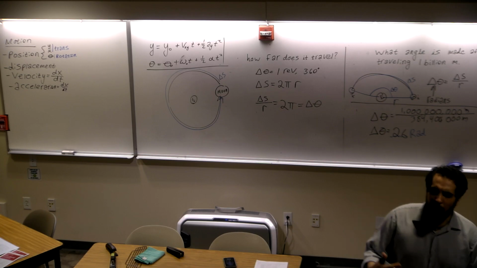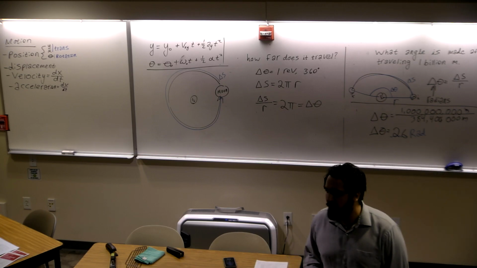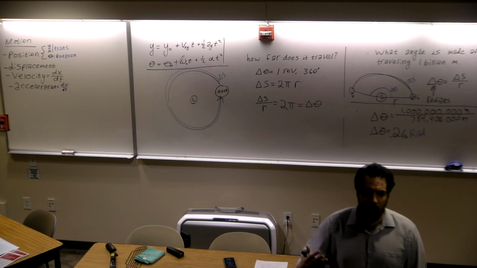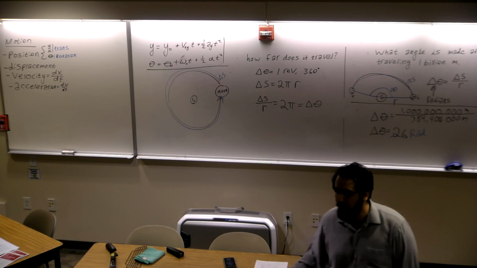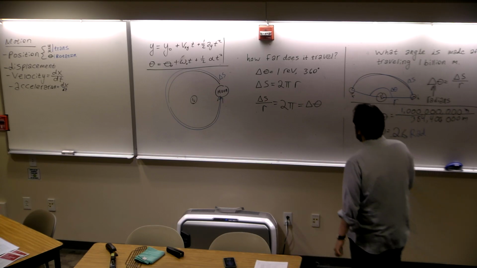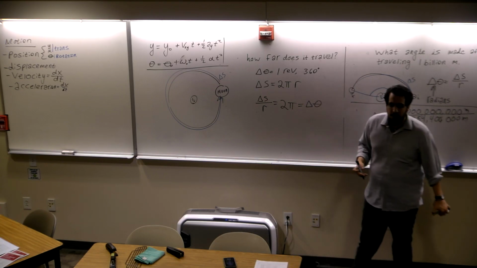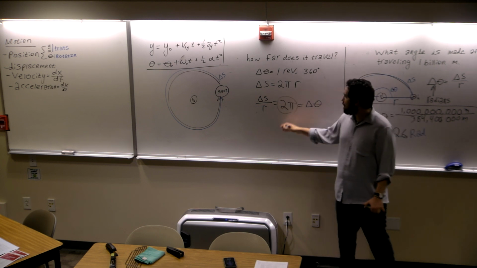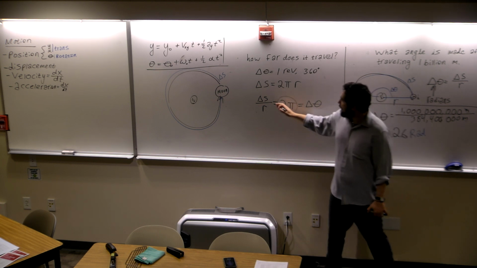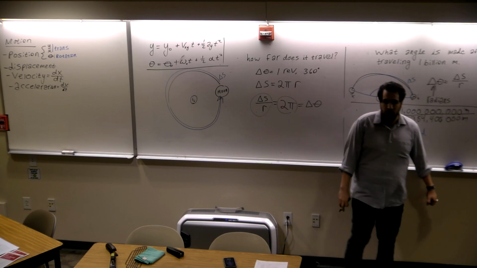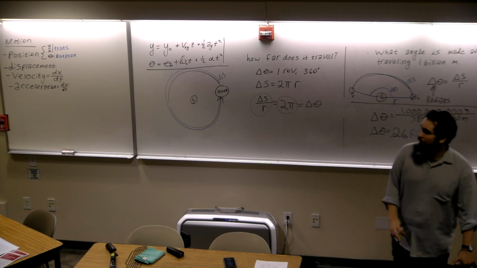And this is why we define the circumference of a circle to be 2 pi times the radial distance. It's coming from this definition of radians, where we say that the angle in radians, 2 pi radians, is equal to delta S over R, the ratio of arc length to radius.